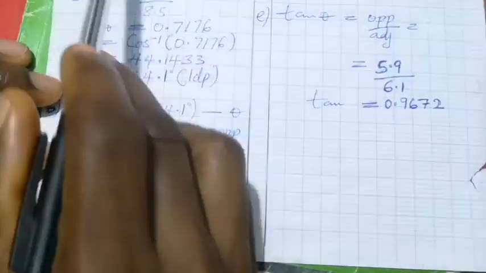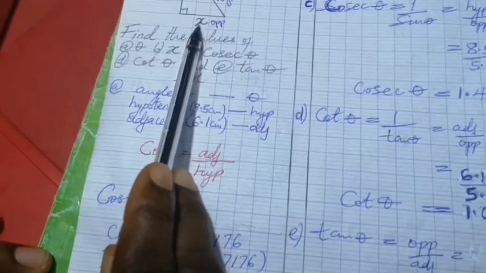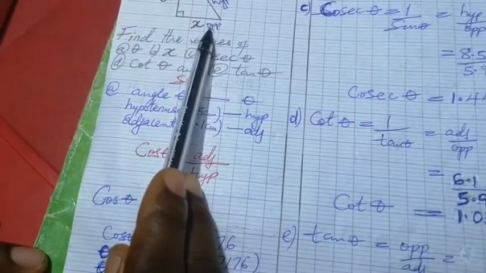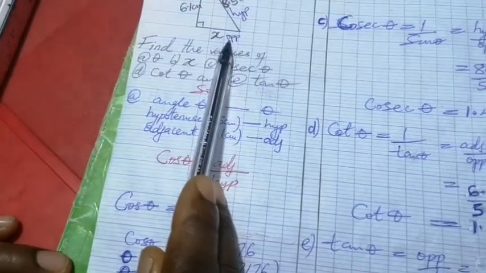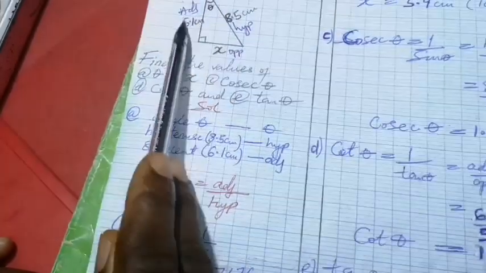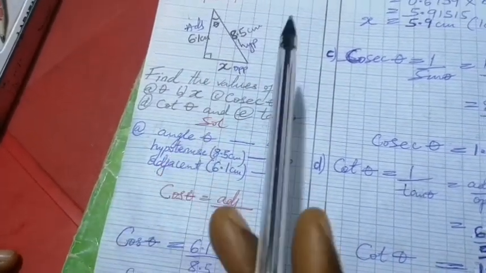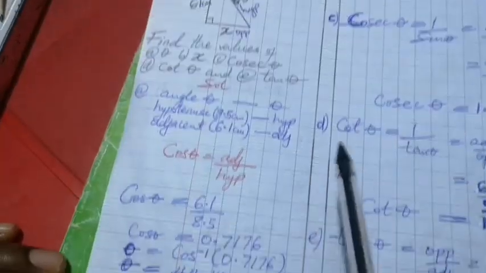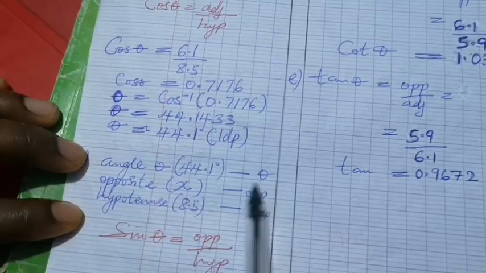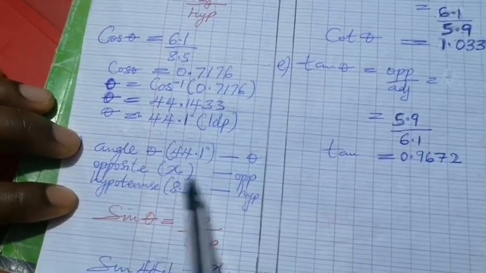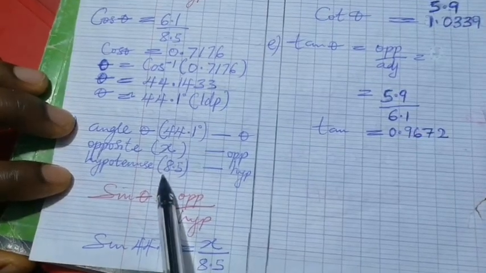Now the second question says we should find the value of x, and our x is now the opposite. So that means that we need the acronym that has opposite, also the one that has either adjacent or hypotenuse, and then angle theta, okay? So we have angle theta to be 44.1, and we have our opposite, which is x, and also we want to use hypotenuse, which is 8.5.